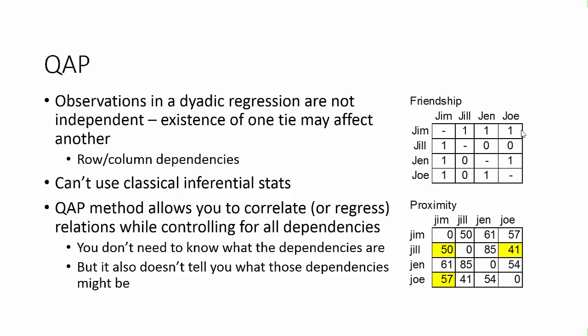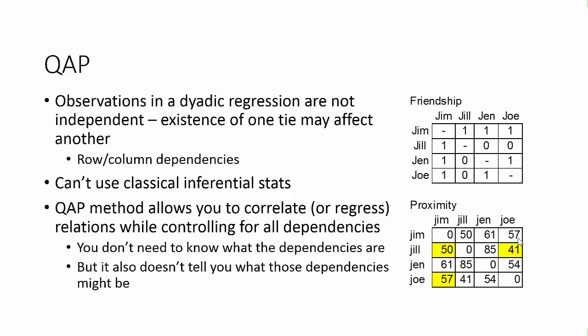Well, actually, since it's symmetric, it's just got 6 actual values, right? It's got Jim to Jill, Jim to Jen, Jim to Joe, Jill to Jen, Jill to Joe, Jen to Joe. So there's 6 cases. And then there's 6 cases over here, and we could do that correlation in SPSS.